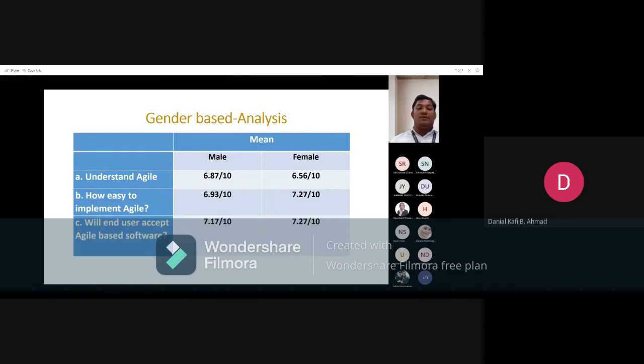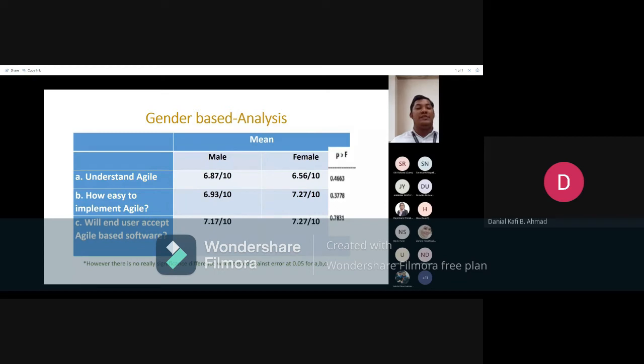So these are the values, 0.4, 0.3. So even though the figures are different, 6.87 and 6.56, that difference does not really have significance.